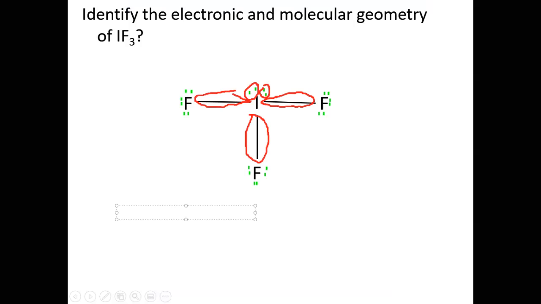So the electronic geometry is trigonal bipyramidal. Five electron pairs.